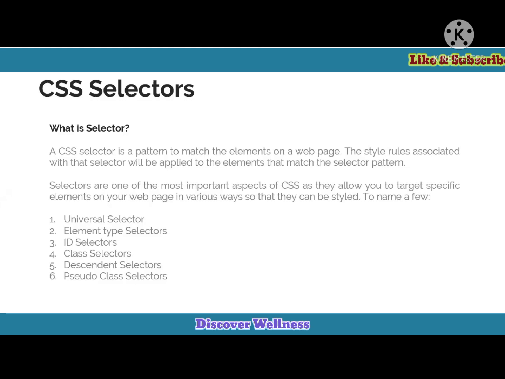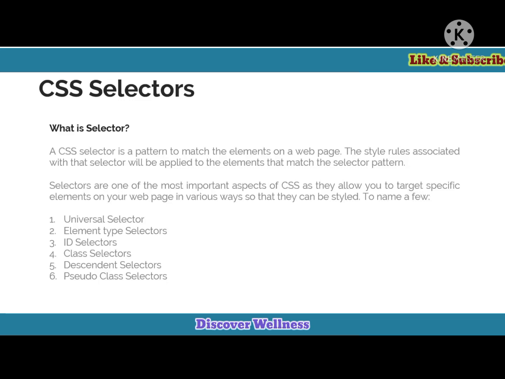So primarily we have 6 important selectors, but not limited to: universal selector, element type selectors, ID selectors, class selectors, descendant selectors, and pseudo class selectors.